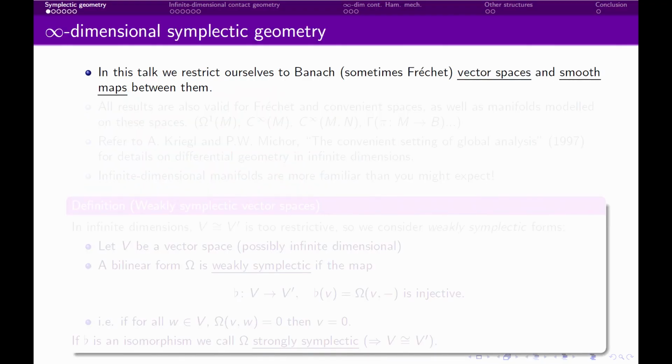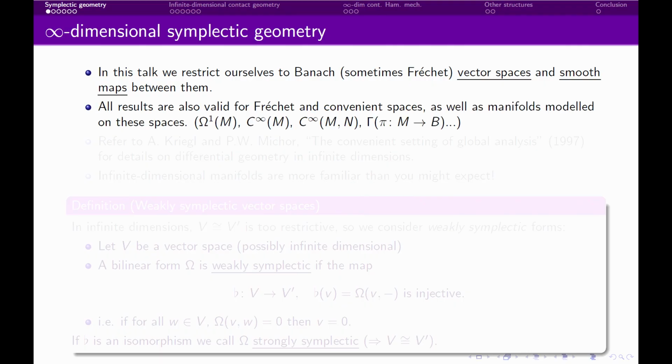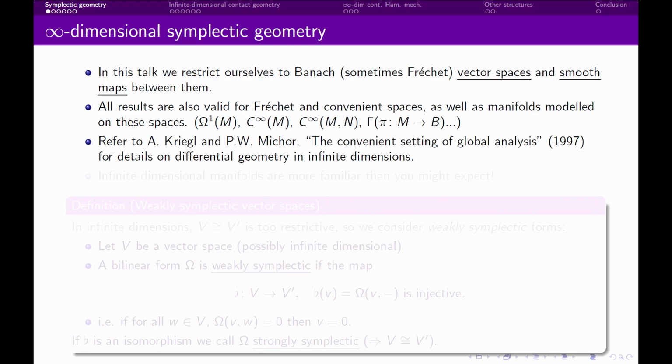Okay, so for this talk we restrict ourselves to Banach vector spaces and smooth maps between them, but a lot of the results hold for more general spaces, locally convex vector spaces in particular, as well as manifolds modelled on all of these spaces. This is quite a good book for all things to do with geometry in infinite dimensions.